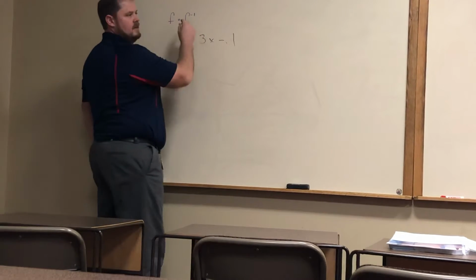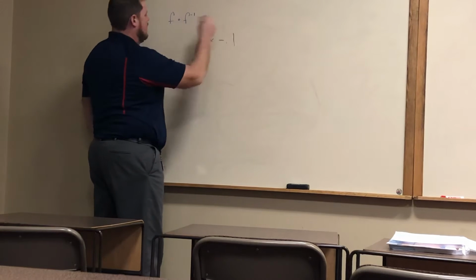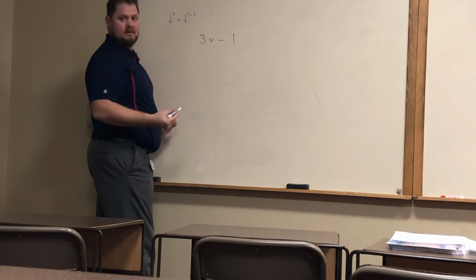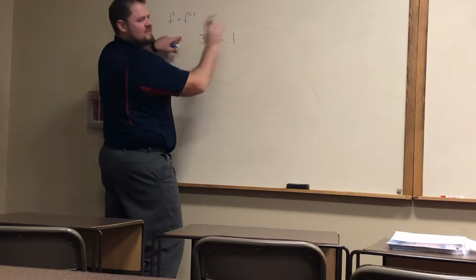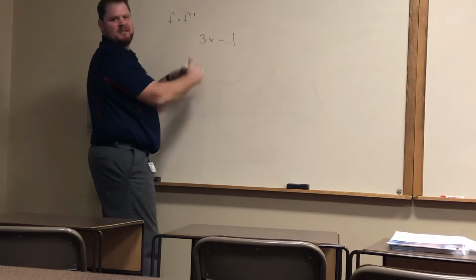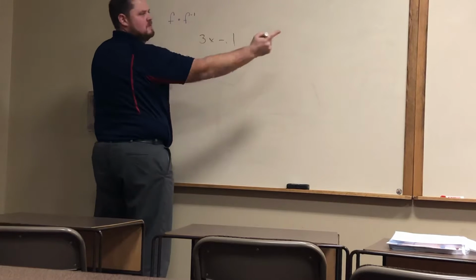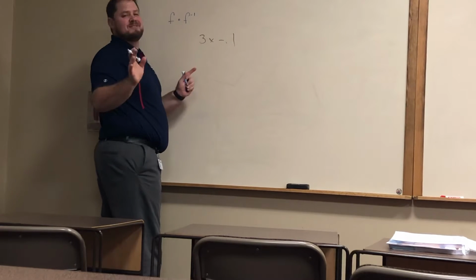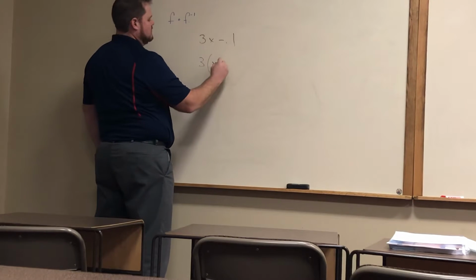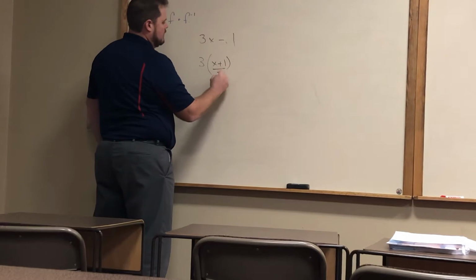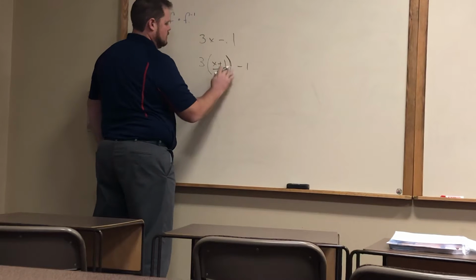I have to do complete substitution of this in for that, right? So you gotta do that first. So you're gonna have to solve that first, then do the complete substitution. Now watch carefully. What happens when you put the complete substitution in? Just wait, this is really cool. 3 times, complete substitution, x plus 1 over 3, minus 1.